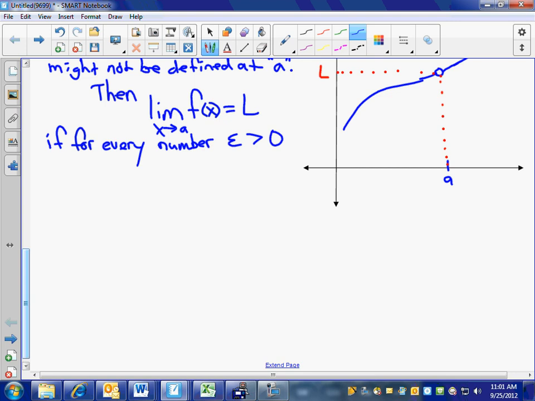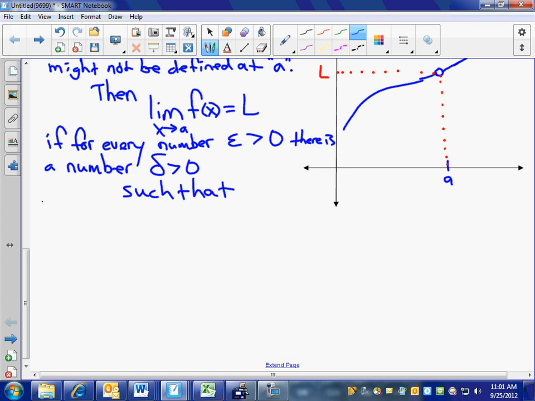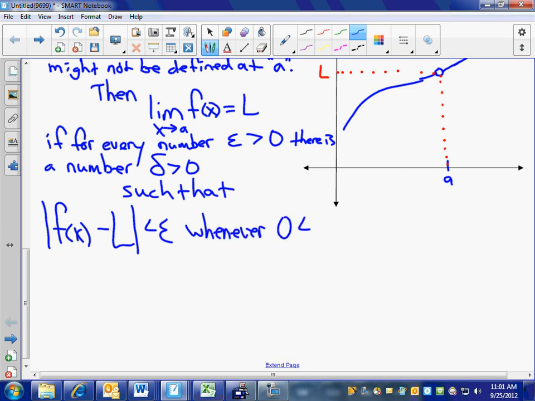If for every epsilon greater than 0, there is a number delta greater than 0, such that the absolute value of f of x minus L is less than epsilon whenever 0 is less than the absolute value of x minus a, which is less than delta.